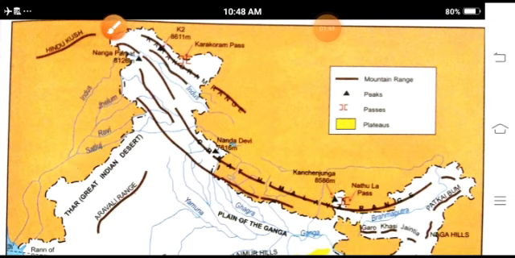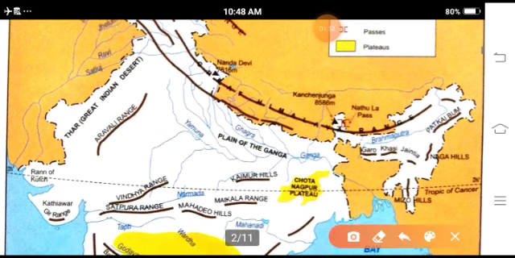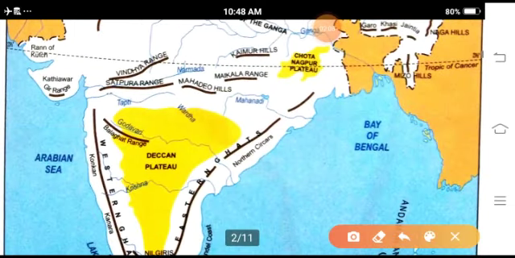About the plateaus, mainly the Chota Nagpur Plateau, which lies in the north eastern side of India, on the Tropic of Cancer, and the Deccan Plateau, which lies in the South India part. Only these are the two plateaus in your course.